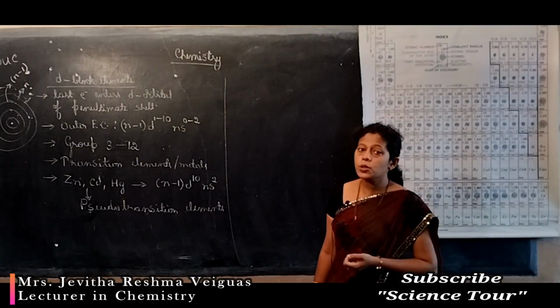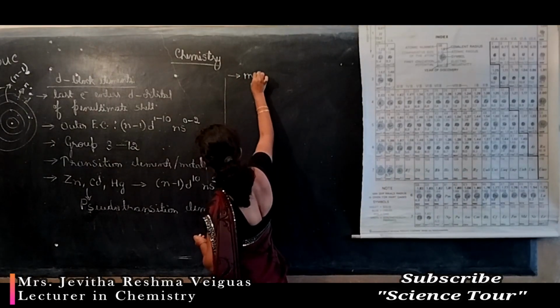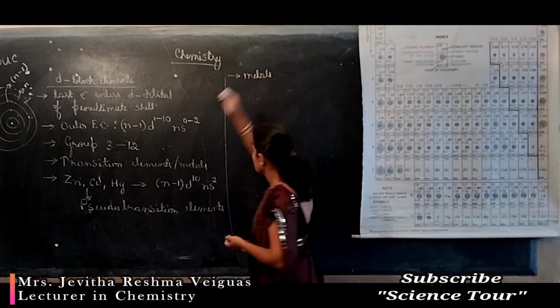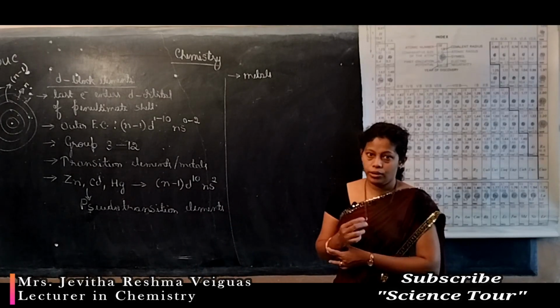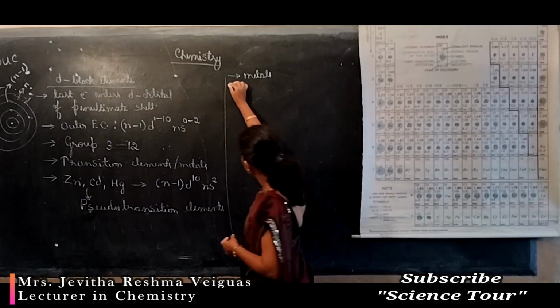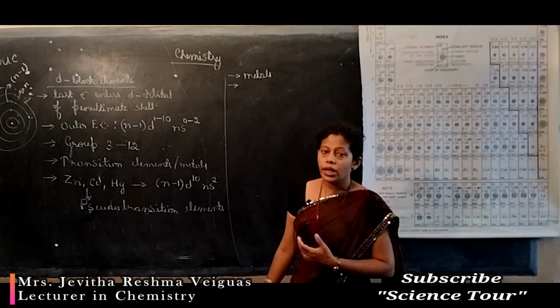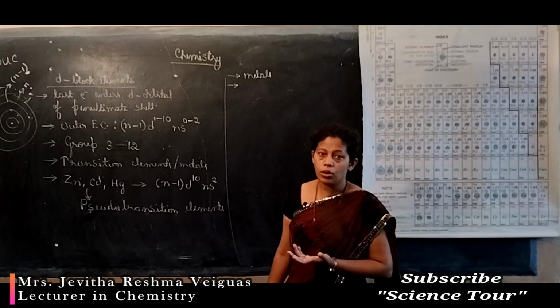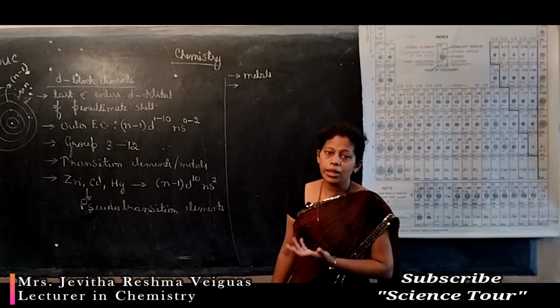Now, let us study a few special things about D block elements. D block elements are all metals. They have the tendency to lose electrons. They have metallic nature. The speciality of these D block elements is that they can lose 1 electron, 2 electrons, or many electrons.